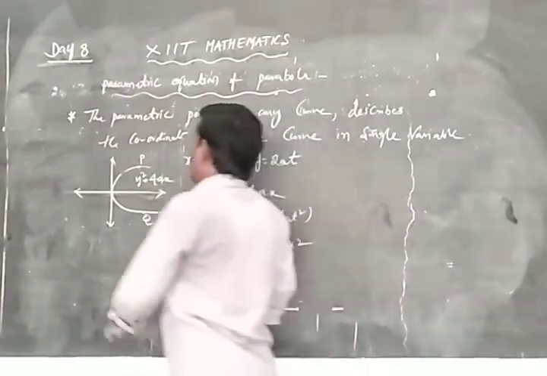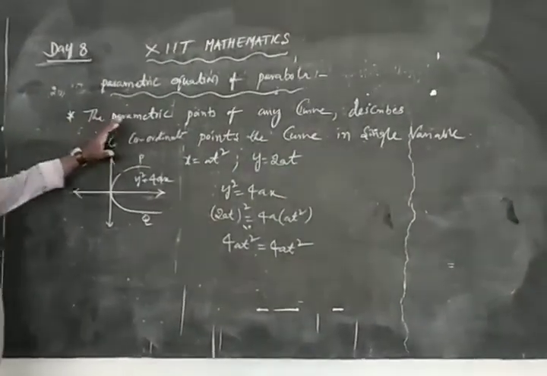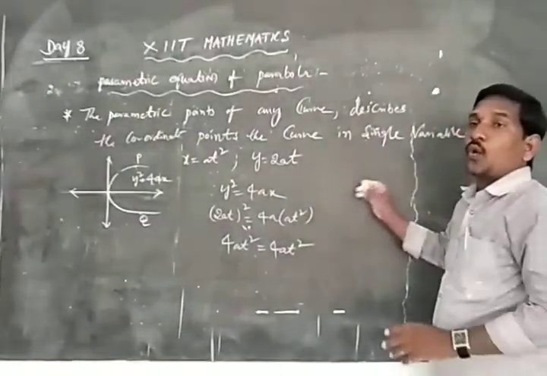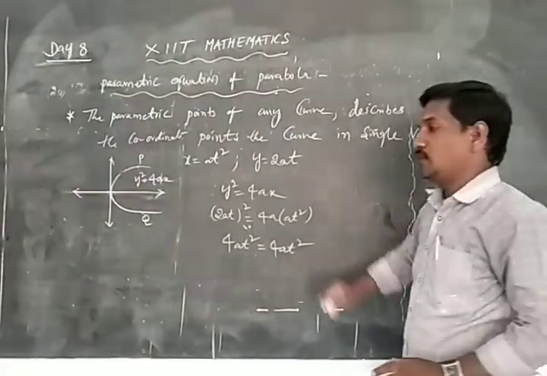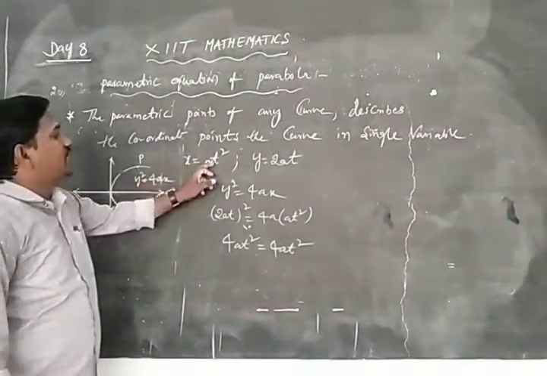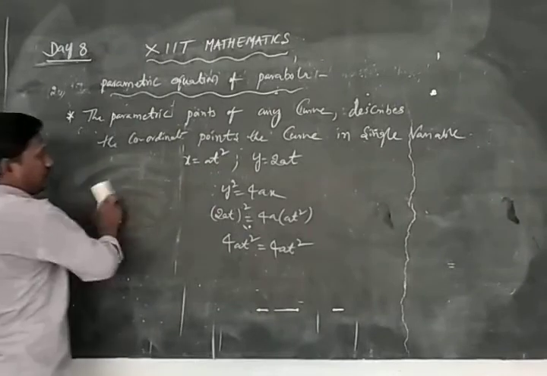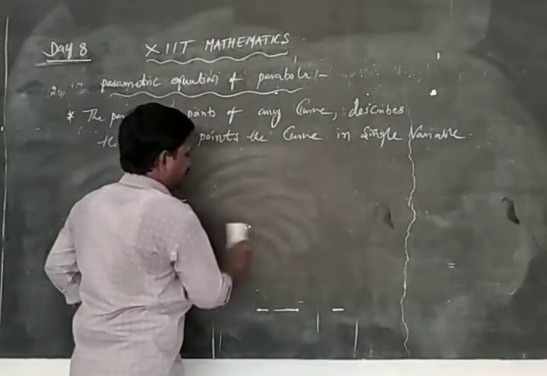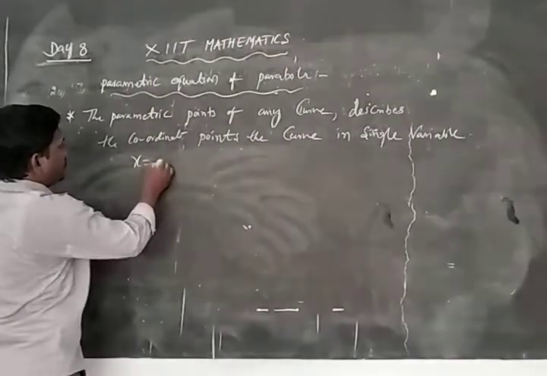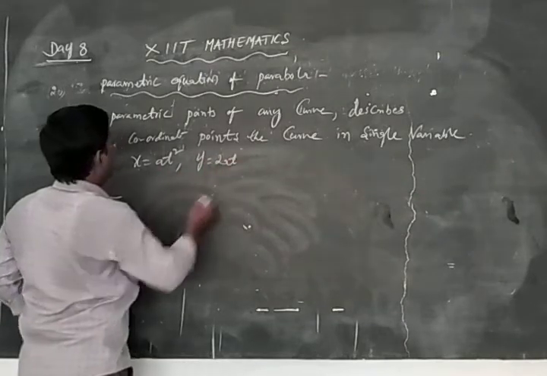So the parametric points of any curve should satisfy the Cartesian coordinates of the points of any curve. So this is x is equal to at square, y is equal to 2at.